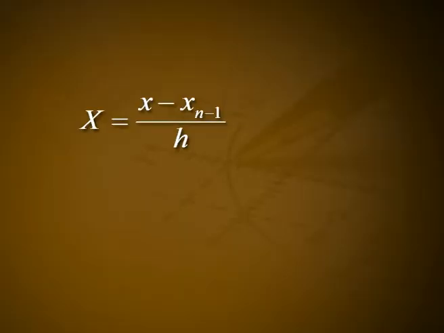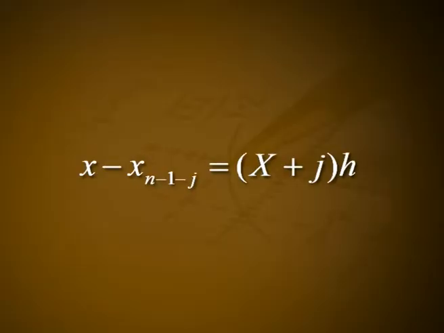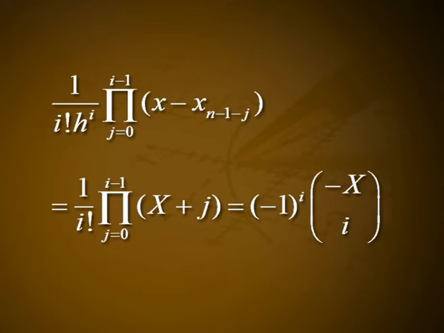For the change of variable, we set s = (x - x_{n-1})/h. Since x_{n-1-j} = x_{n-1} - jh, we have x - x_{n-1-j} = (s + j)h, and 1/(i! h^i) times product over j from 0 to i-1 of (x - x_{n-1-j}) equals 1/i! times product over j from 0 to i-1 of (s + j), that is equal to (-1)^i times (-s choose i).